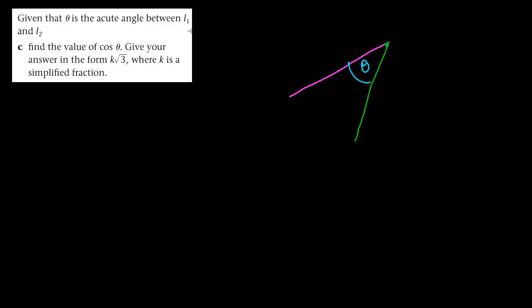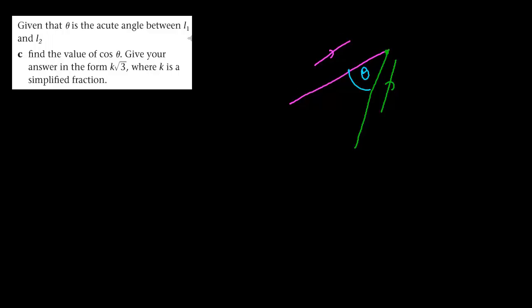The direction vector of L1 and the direction vector of L2, if you extend them, they're going to meet at a point, and by the rule of parallel lines, they're going to be exactly the same as this. So finding the angle between these two lines is the same as finding the angle between the direction vectors.